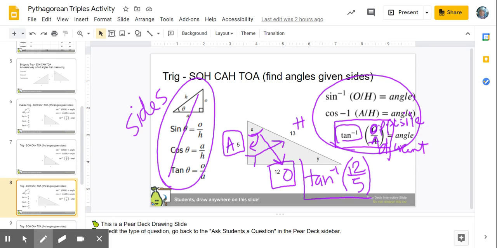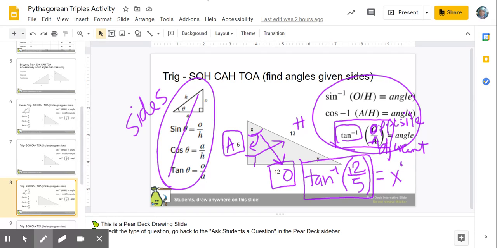And once you get it to this point, all you're doing is finding angle X. You put it in the calculator. So you go back to your Desmos, and we're going to put in tangent this time. Got to make sure you have that -1 when you're looking for angles. And 12 over 5.